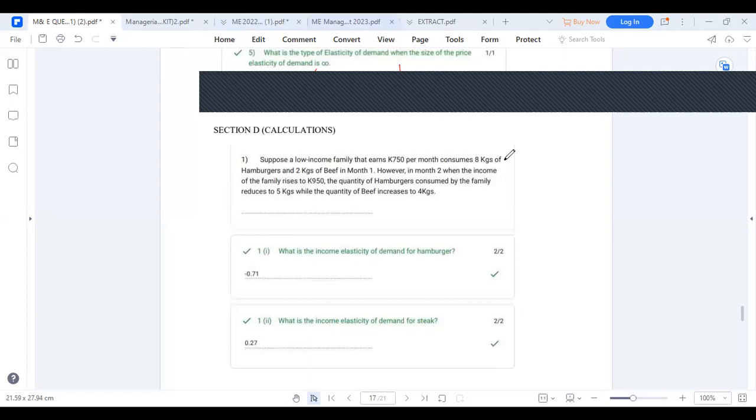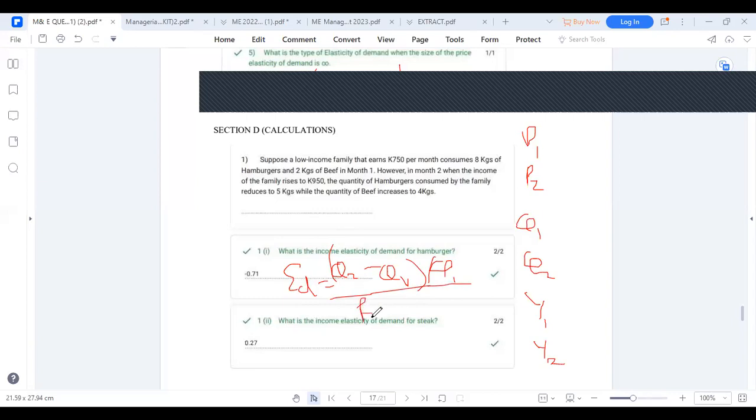So you need to understand the P1, P2, Q1, Q2, Y1, Y2. And the elasticity of demand is Q2 minus Q1 over Q1 divided by P2 minus P1 over P1.